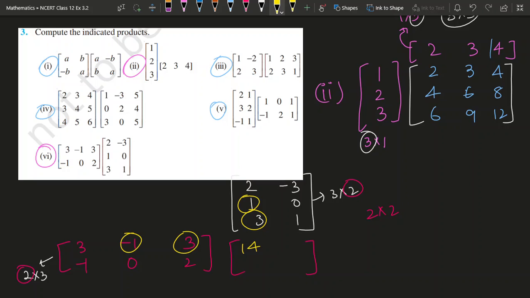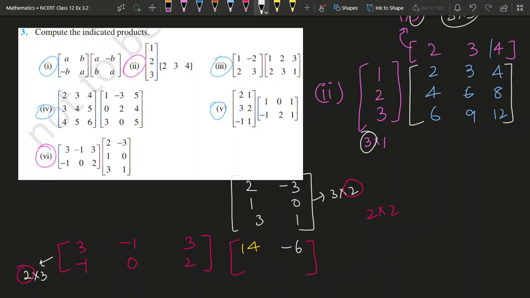And then you can do the same thing for the second item here in this matrix, and you would get an answer like the dot product of 3, minus 1, 3 and minus 3, 0, 1, and for that the answer will be minus 6.